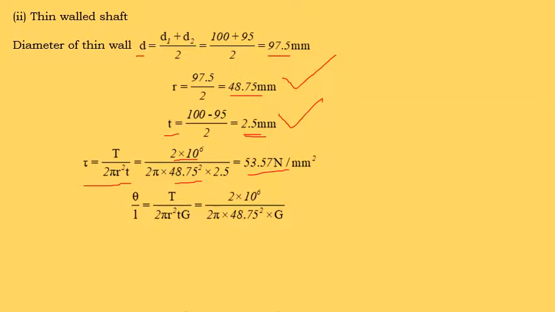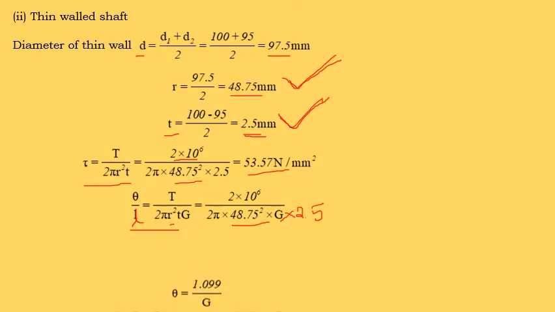Next one. So to find the angle of twist, we are going to use the equation theta by L is equal to T divided by 2 pi r square t into G. Here T value is 2 into 10 to the power of 6, 2 pi, and r is the radius, 48.75, it is there, but thickness is missing, therefore thickness 2.5 in the denominator.